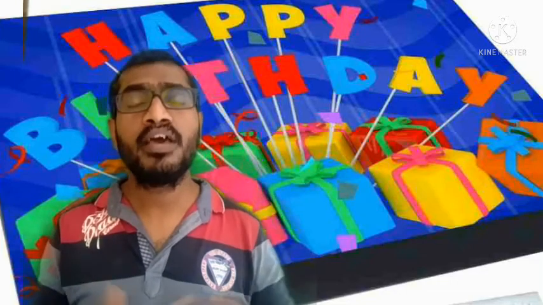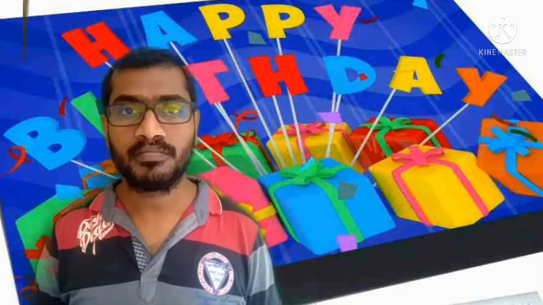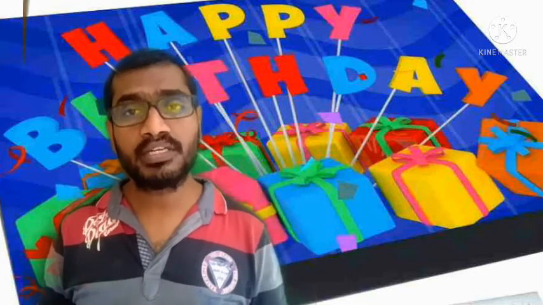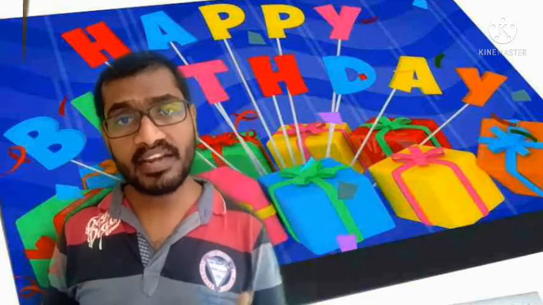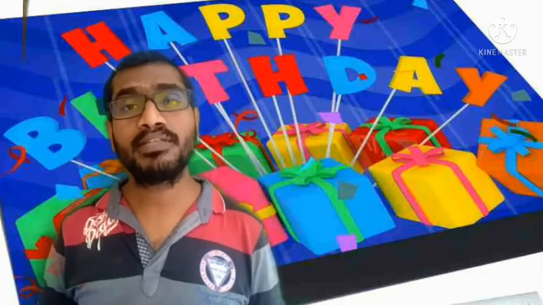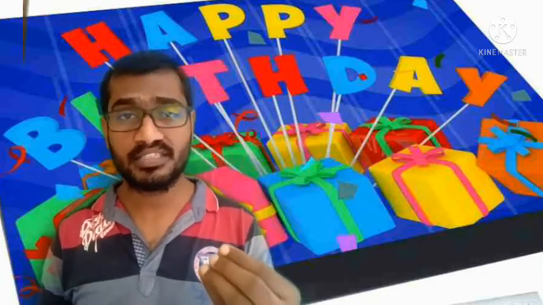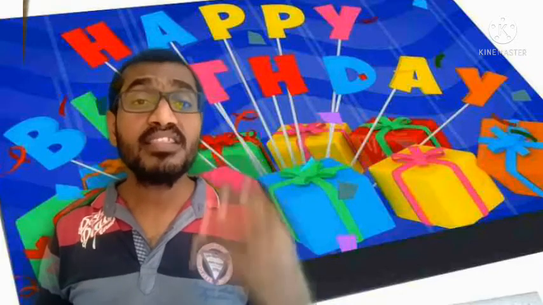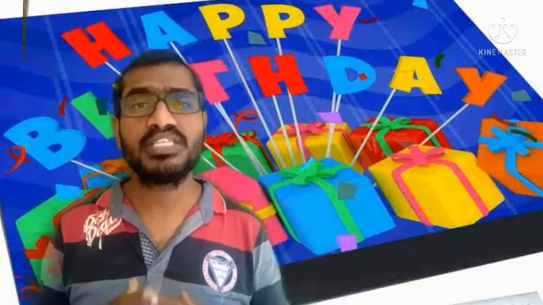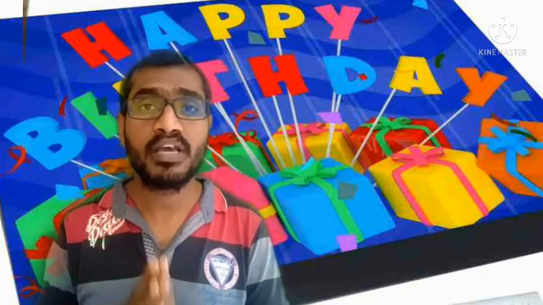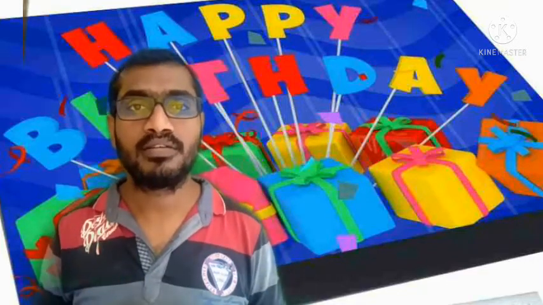For example, say 100 students in a school, if every student distributes 100 chocolates for their birthday, what happens? That means 10,000 wrappers. You just imagine how much space they occupy. 10,000 chocolate wrappers occupy the soil.